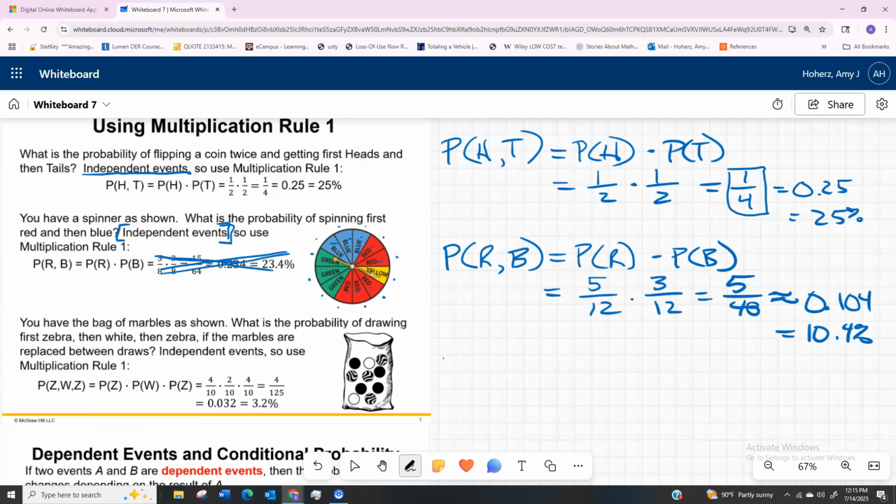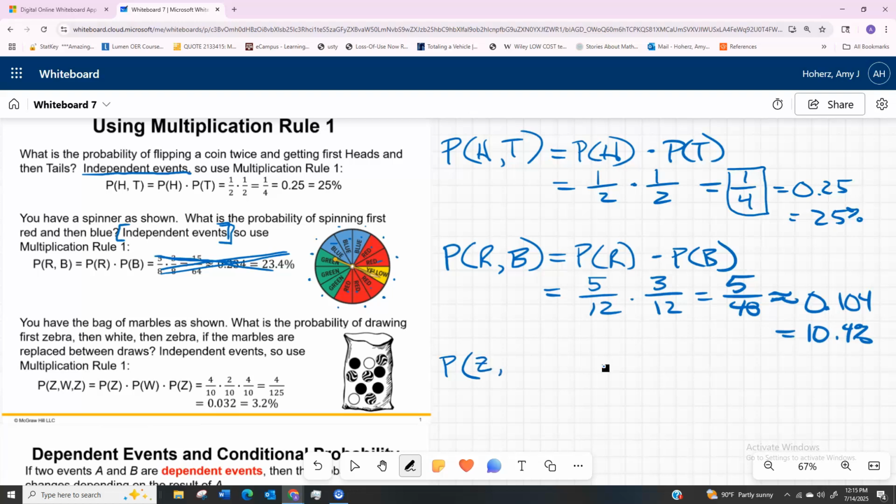Okay, so now we're going to do a bag that's full of marbles. So we have a bag full of marbles, and I decided we were going to call these black, white, and zebra. And so the probability of drawing first a zebra, then a white, then a zebra. So zebra stripe, then a white one, then another zebra stripe one.